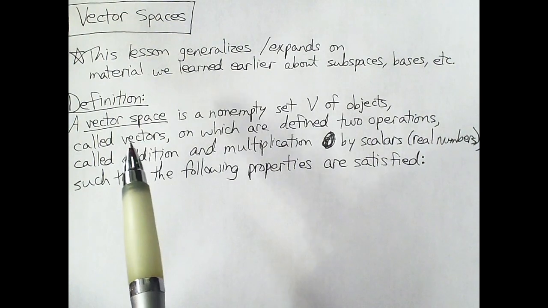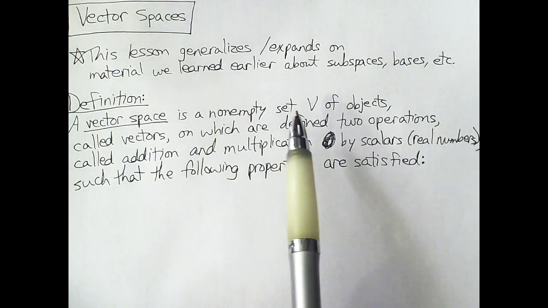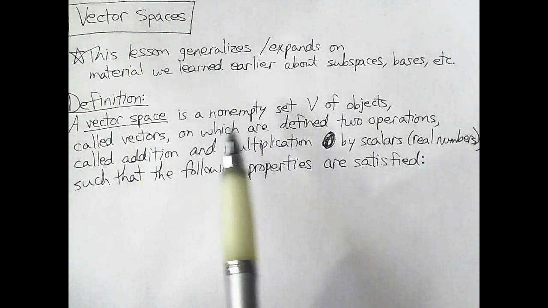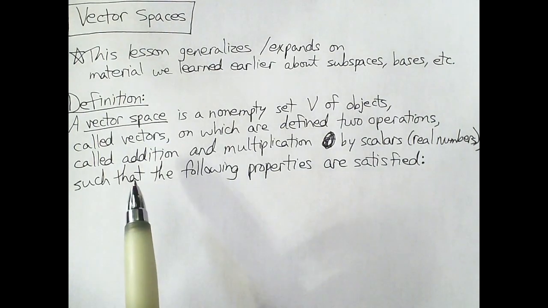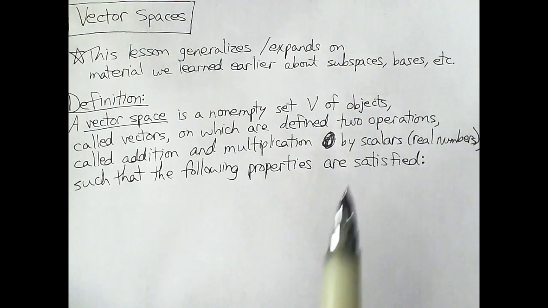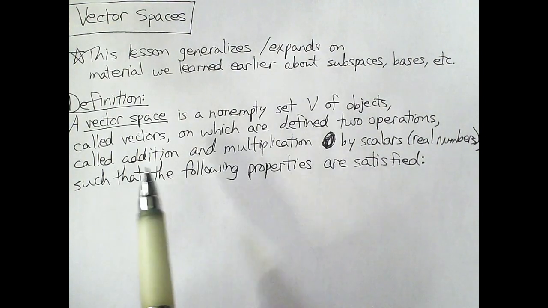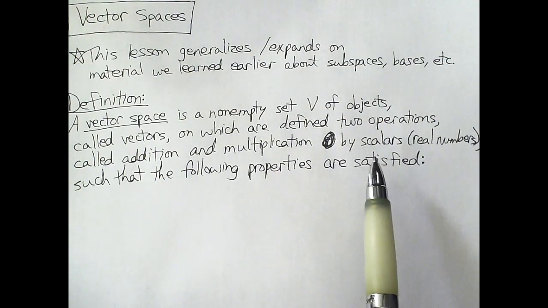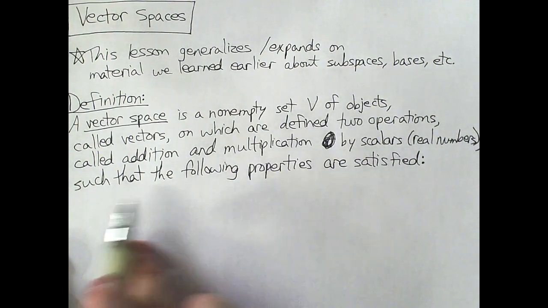We call them vectors if they are elements of a vector space. And then on this space, there are two operations defined called addition and multiplication by scalars. Now, I'm going to warn you, it might not be addition in the traditional sense, and it might not be multiplication by scalars in the traditional sense. You'll see what I mean by that.